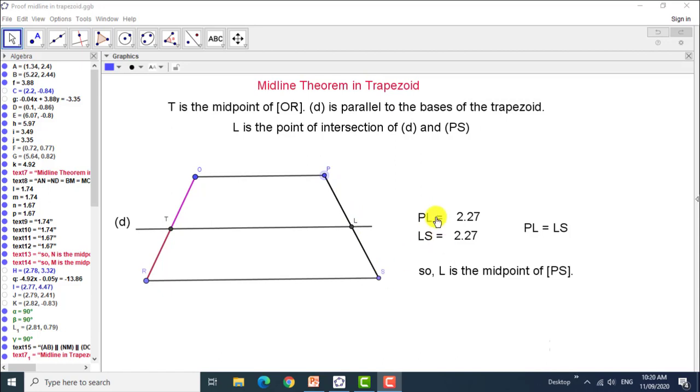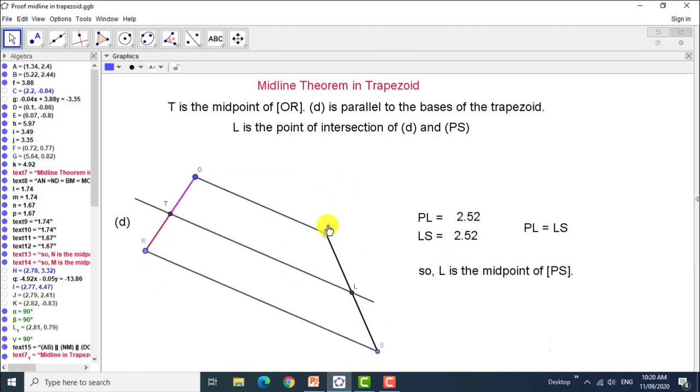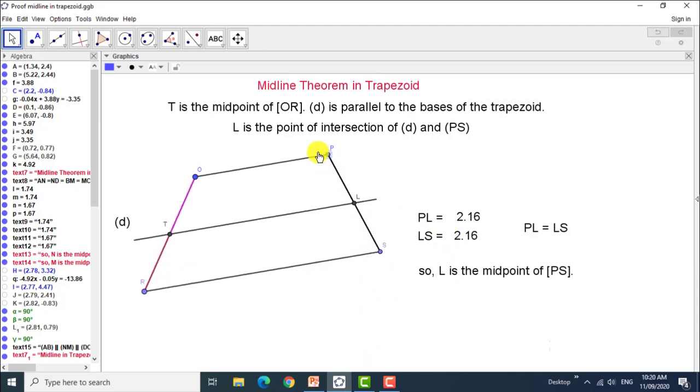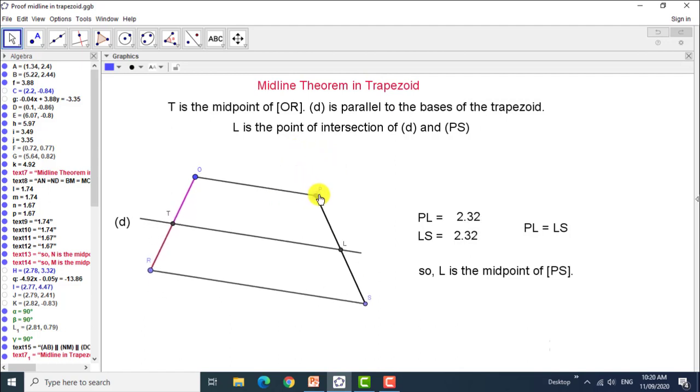We see that the length of PL is equal to the length of LS. So, of course, L is the midpoint of PS. Let's move S and change the sizes of PL and LS. They are always the same. PL is always equal to LS. So, whatever the nature of the trapezoid is, L is always the midpoint of PS.